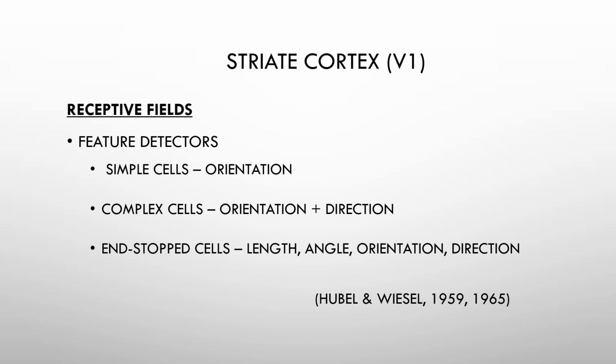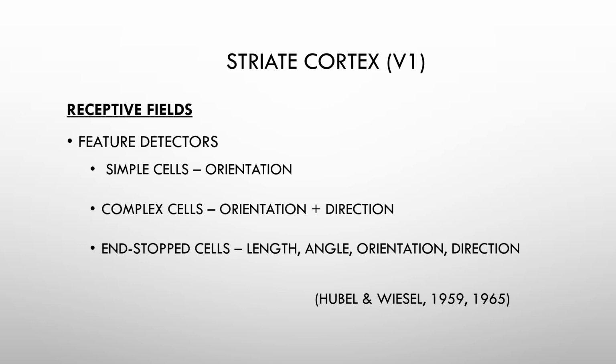We have simple cells that respond to a particular orientation of line, horizontal, vertical, some level of oblique, and different neurons are going to be responding to vertical. Different neurons are going to be responding to some level of oblique, right? Complex cells are going to be responding to a particular orientation of line. So let's just say I have a vertical line that I'm responding to, and it's going to be a vertical line moving in a particular direction.